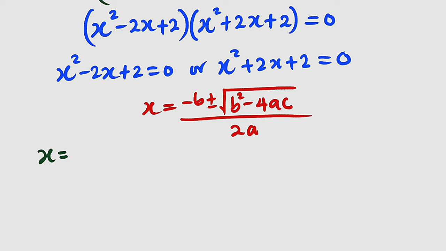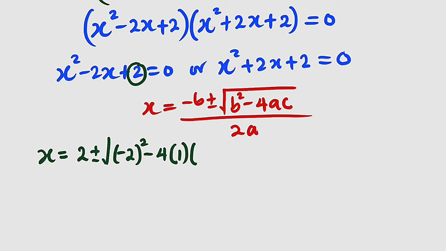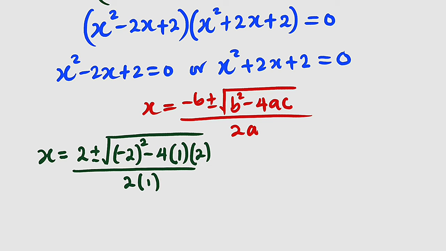What is b? b is the coefficient of x, which is negative 2, and minus negative 2 will give us positive 2, plus or minus the square root of b squared, that is negative 2 squared, minus 4 times a. a is the leading coefficient here, which is 1, then multiplied by c, which is 2, the constant. Then the whole of this divided by 2 multiplied by a, but a is still 1.